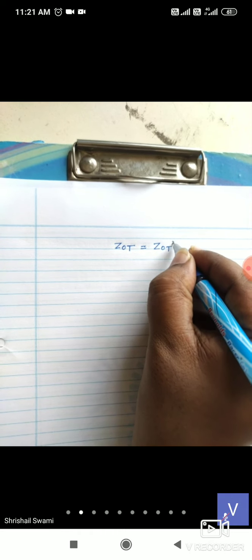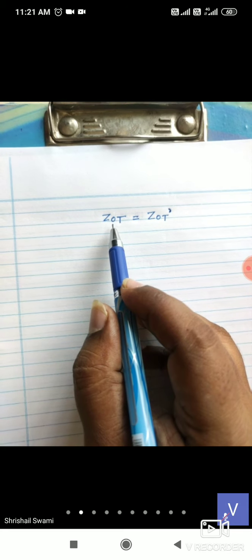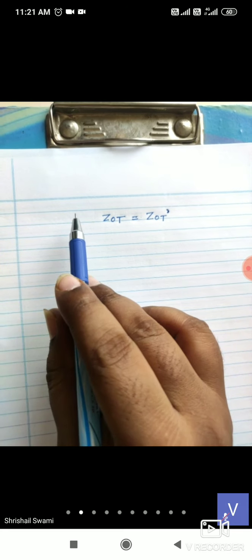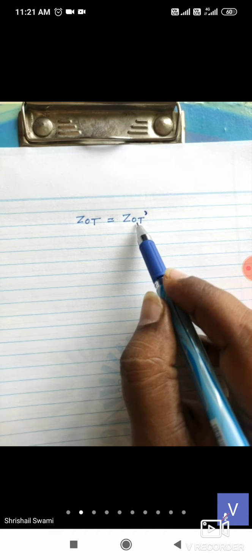So Z0T is equal to Z0T dash. So Z0T is what? The characteristics impedance of constant K type filter, which I showed in figure number 1. In figure number 2, this will be the Z0T dash. This is the characteristics impedance of M derived filter.